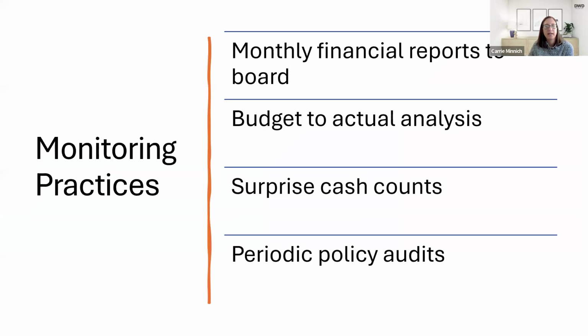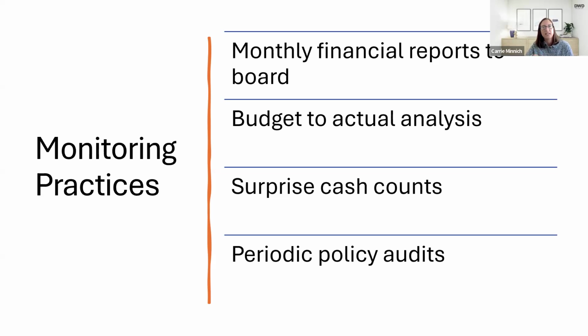When we look at monitoring practices, we talked already about the financial reports to the board, making sure that they are getting those financial reports timely, and that they have comparatives to look at: year to date this year versus year to date last year, and compared to budget.